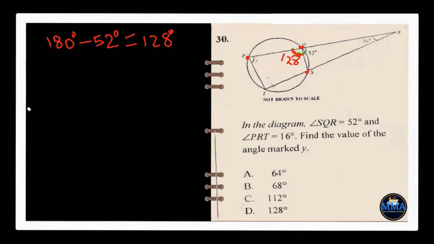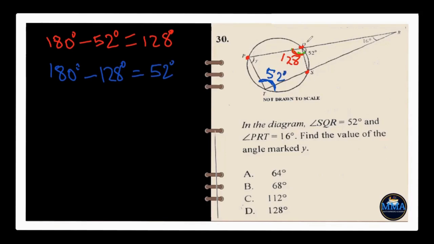Let me mark it with blue. So if I want to get the value of this angle marked blue, I'm going to say 180 degrees minus 128 degrees, and that will give me 52 degrees. So this angle is 52.